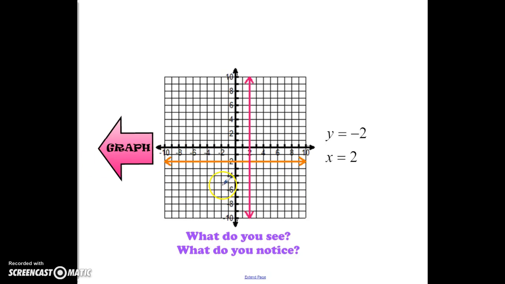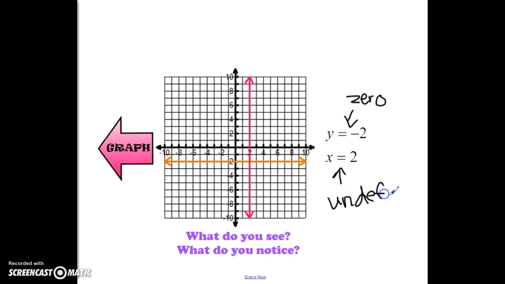And then your last one, we have y equals -2, which means that it's a horizontal line that goes through -2, and that slope is 0. Then you have x equals 2. So that's a vertical line going through x equals 2, and that line has a slope of undefined.